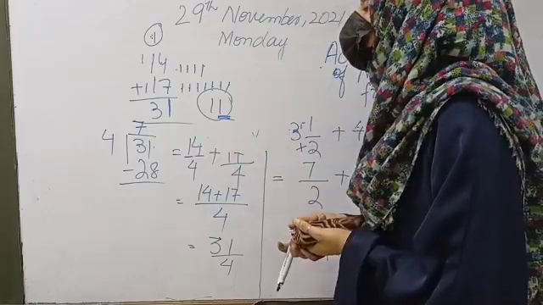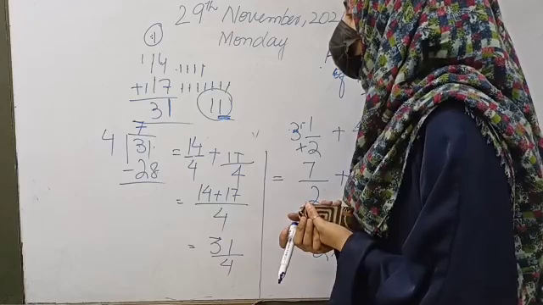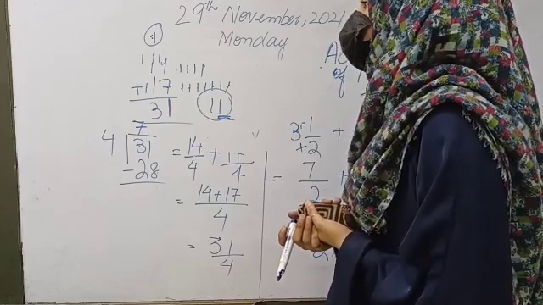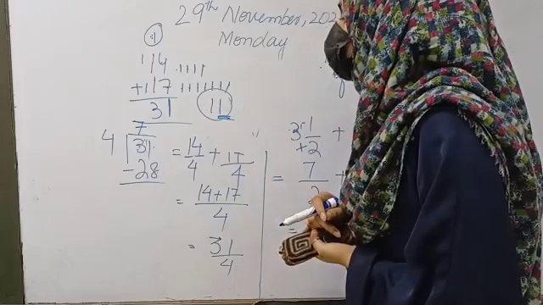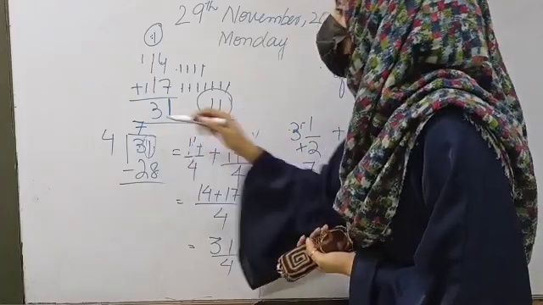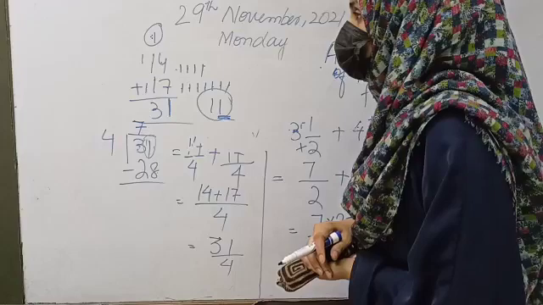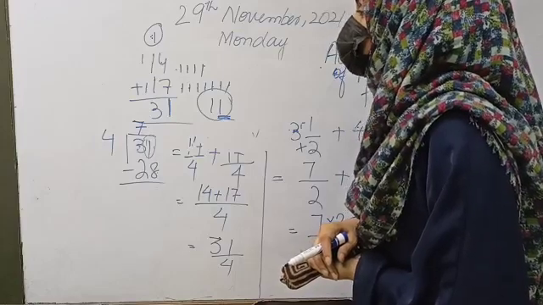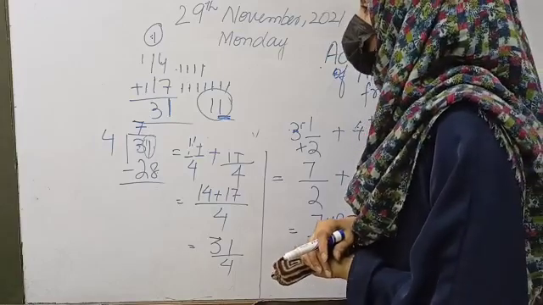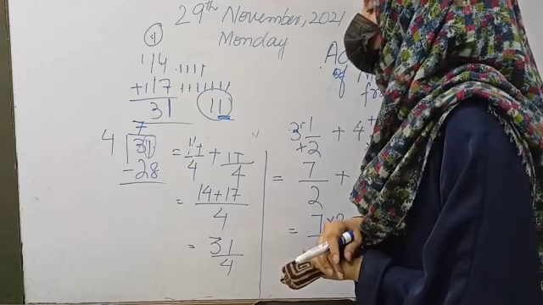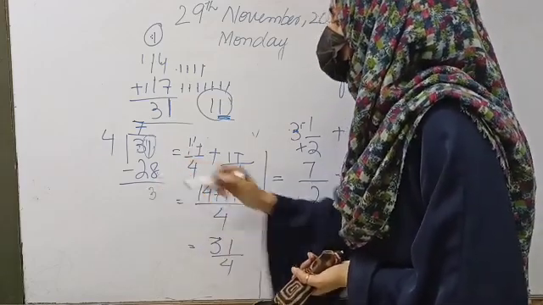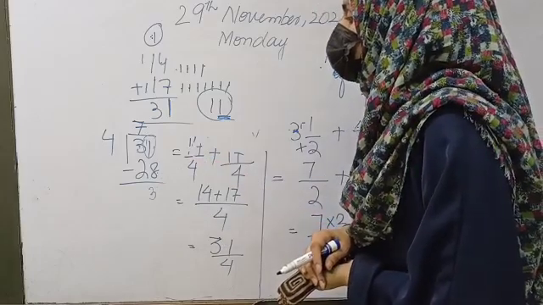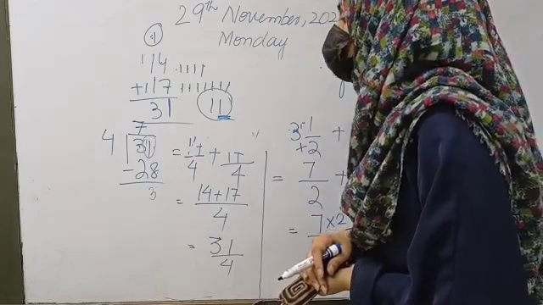Is it possible to subtract smaller from bigger? No, we can't solve it. So we will take simply a carry from the next number, and this number will become 2 digit, which is 11. So 11 minus 8, what we have in the end is, very good, 11 minus 8 is 3.